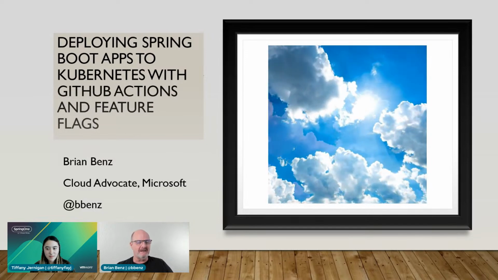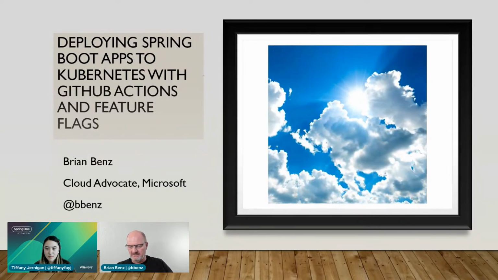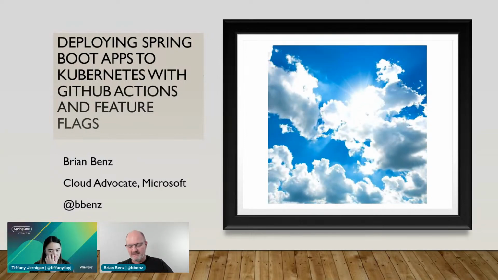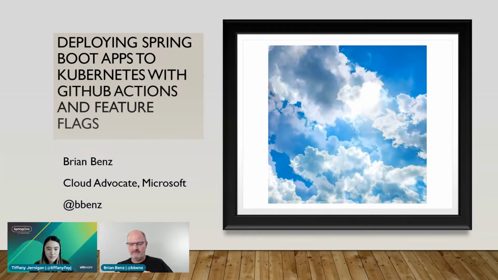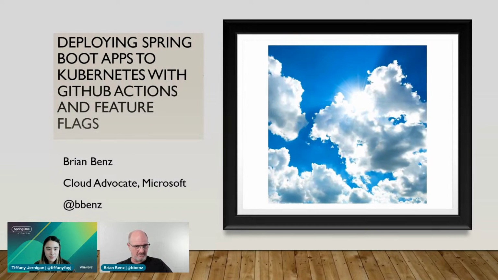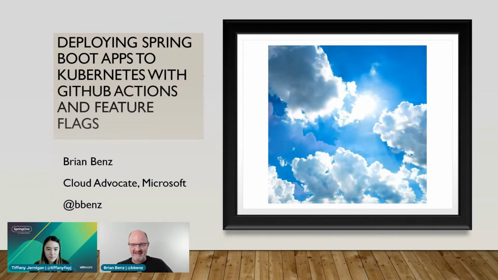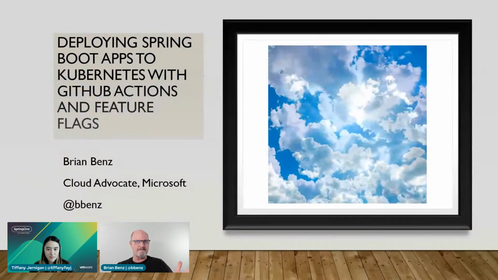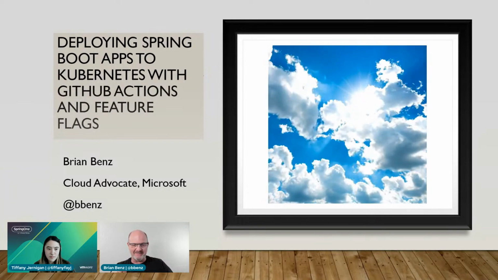Pretty much everything here is demos, and we're going to start from zero, and I'm going to create a Spring Boot app that connects to Azure App Configuration, which is what we use to manage feature flags. After that, I'm going to Dockerize it and run it in Docker.